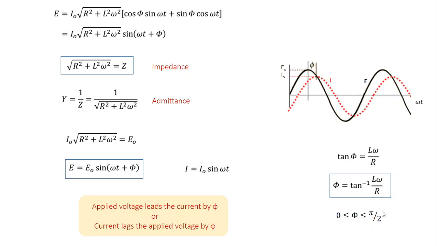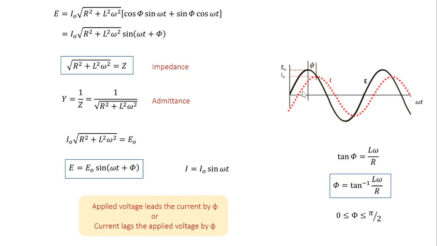Let's quickly plot the waveforms here. So as always, you can draw the voltage as E naught sine omega t, and if you take that, current lags behind the voltage, so current starts somewhere down the line.